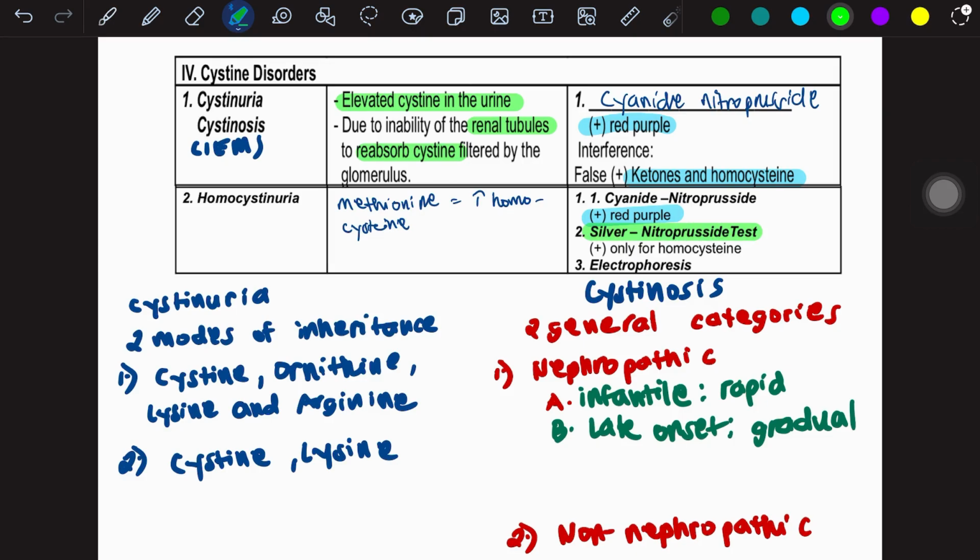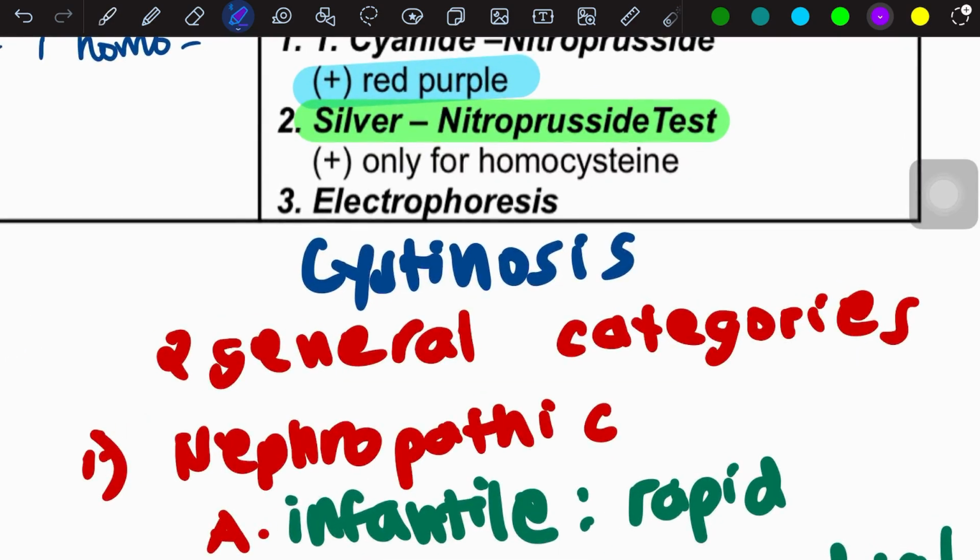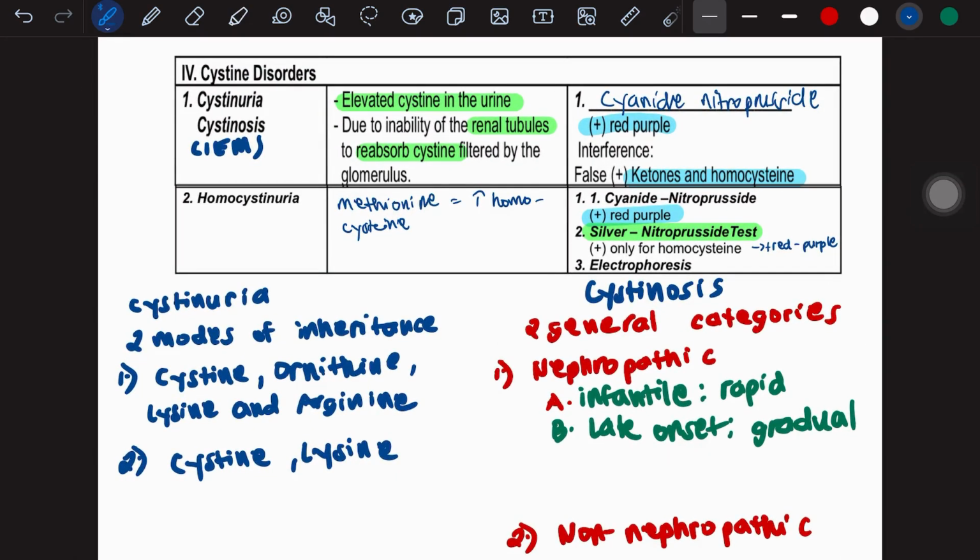So in your silver nitroprusside test, this will only react positive for our homocysteine. So what is its positive result? Please correct that, it is red purple. And lastly, we also have your electrophoresis.